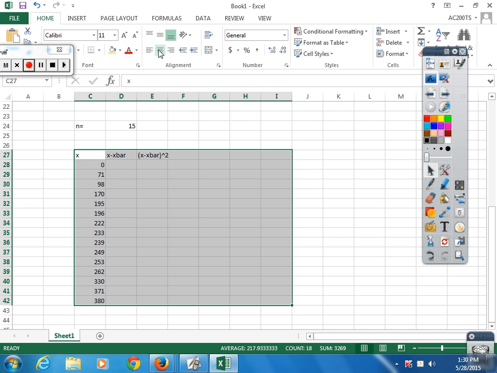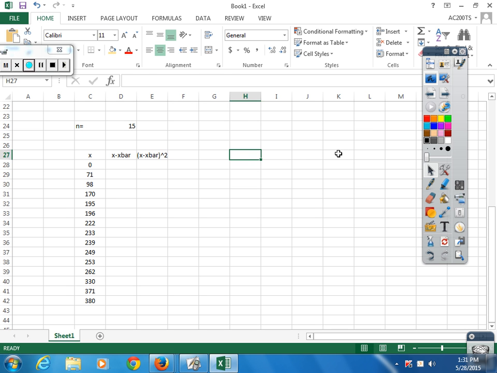Mean is X bar. Mean, median, mode, range, mid-range, variance, and standard deviation.